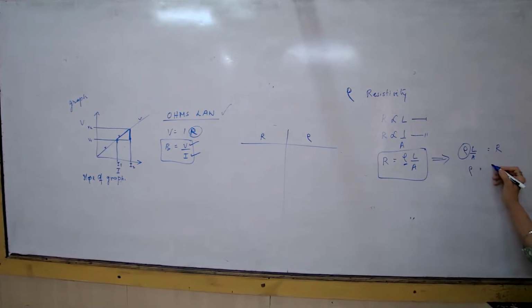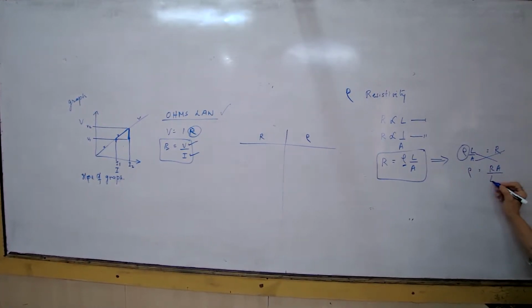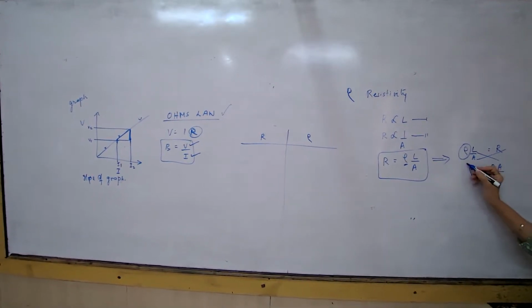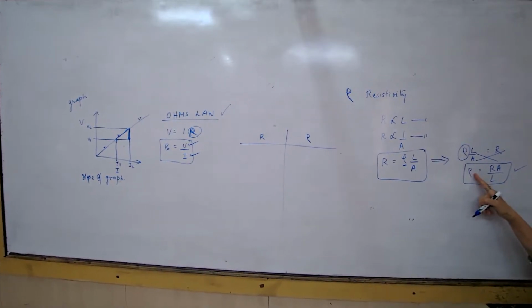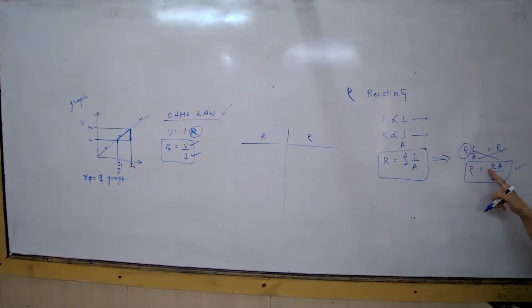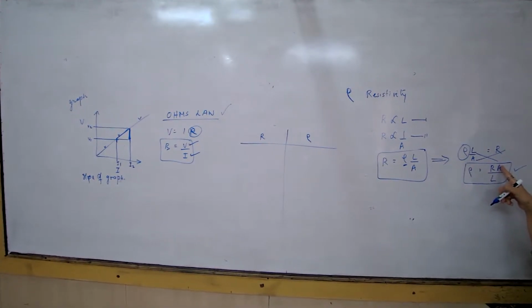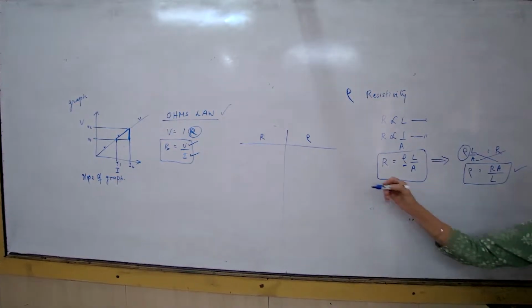So rho is equal to R A upon L. Is that correct? So this will be the formula for resistivity. That means resistivity is equal to resistance if your area of cross section is 1 meter square and length is 1 meter.